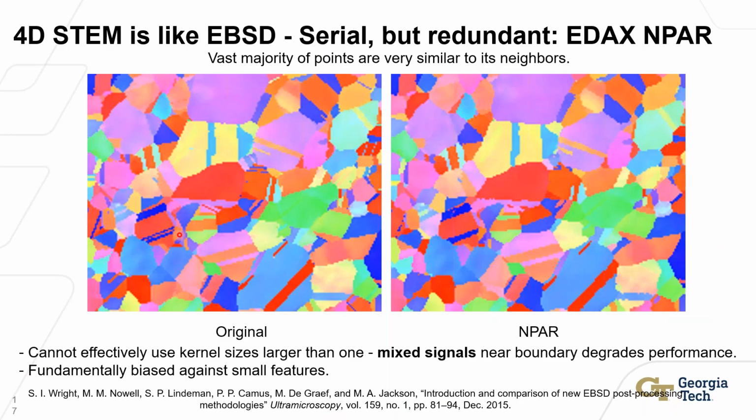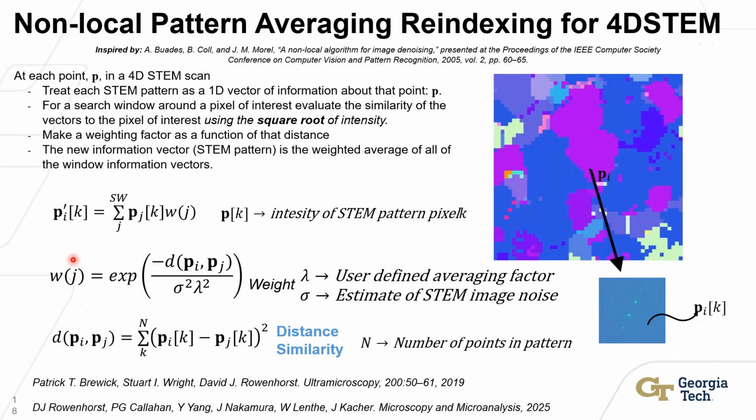So here we have the original scan. You can see these two nano twins right next to each other. With NPAR, that can lead to some smearing and combining of features. To address this issue, a new technique called NLPAR, non-local pattern averaging and reindexing for EBSD, was developed. In this approach, instead of just averaging neighboring patterns together, you develop a weighting factor.